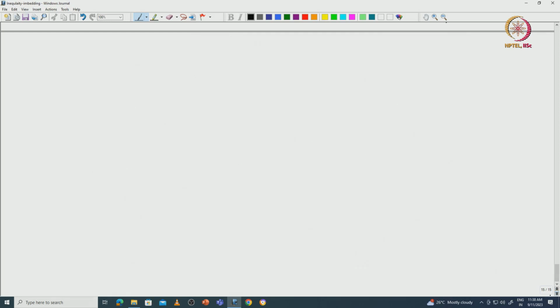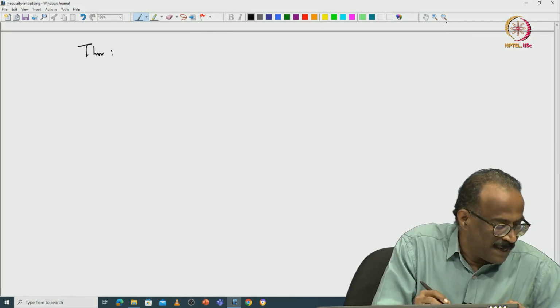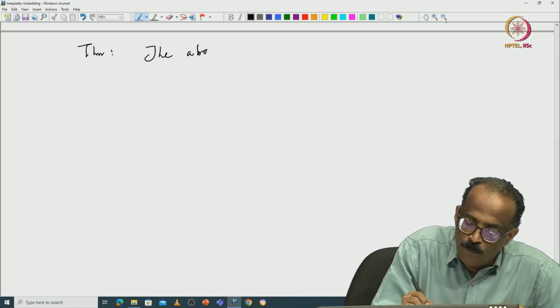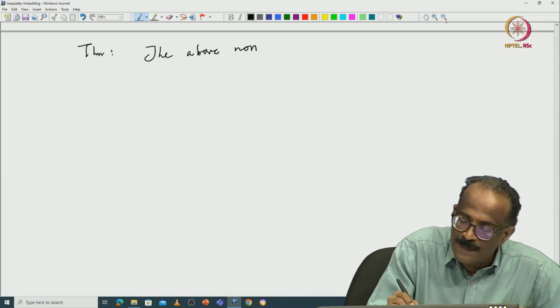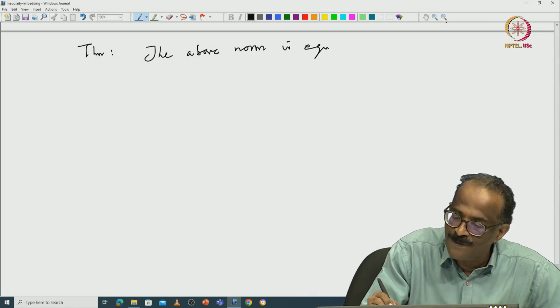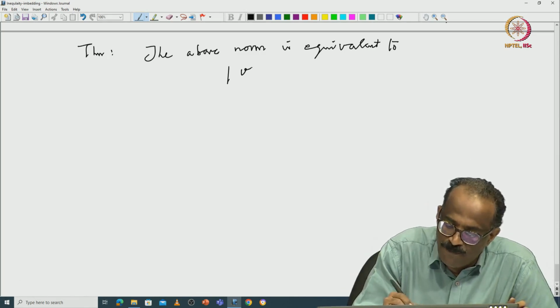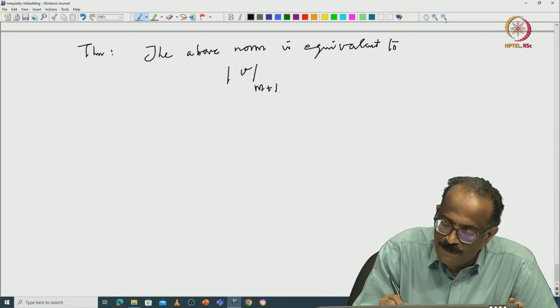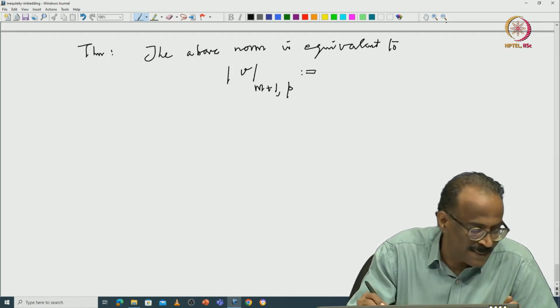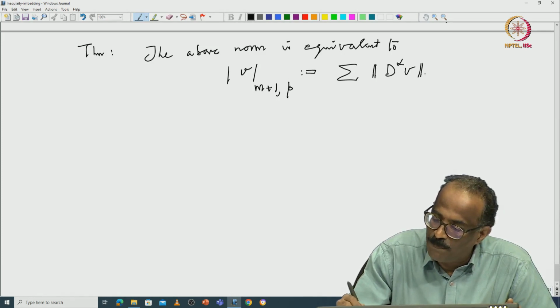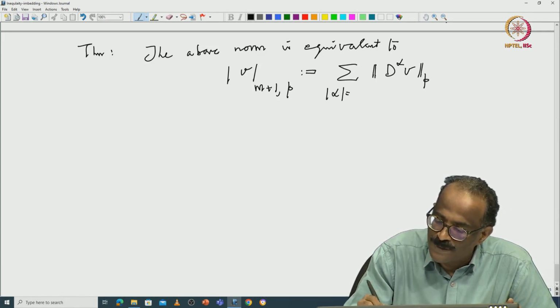And this norm is equivalent. So the theorem is basically that the above norm is equivalent to the highest-order norm, the seminorm of v in W^{m+1,p}, which by definition is the sum of the norms of D^alpha v in L^p, summing over all |alpha| equal to m plus 1.